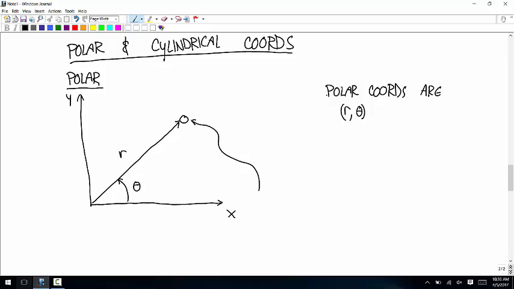In polar coordinates, this is not a vector, because a vector has to be components in orthogonal directions. In this case, this is not a position vector.